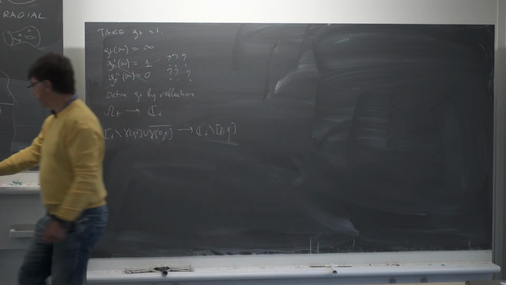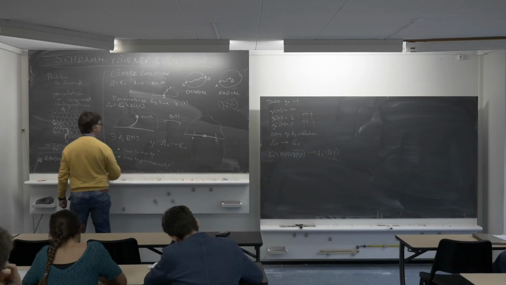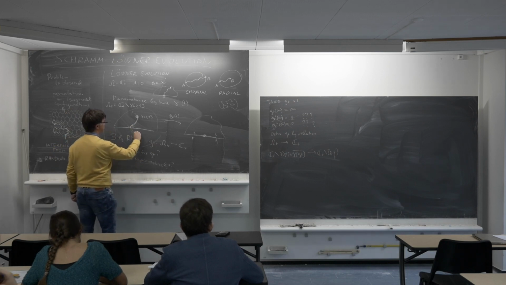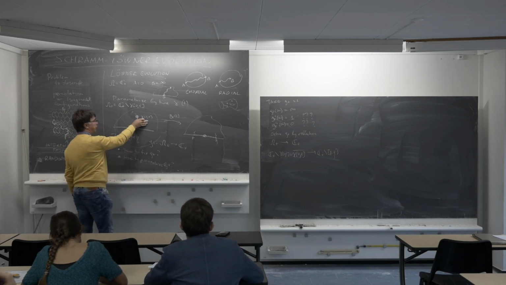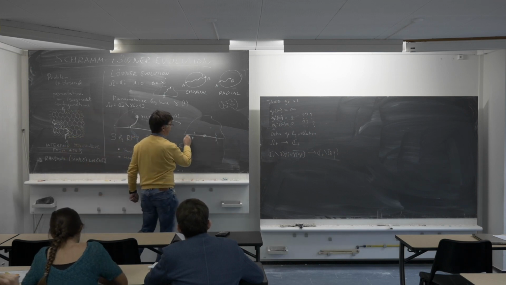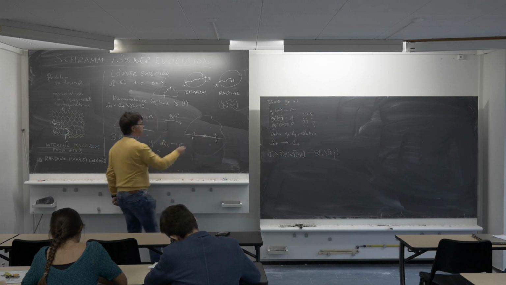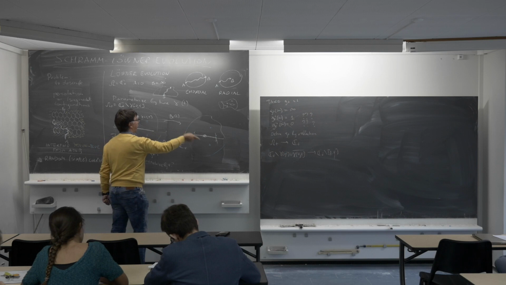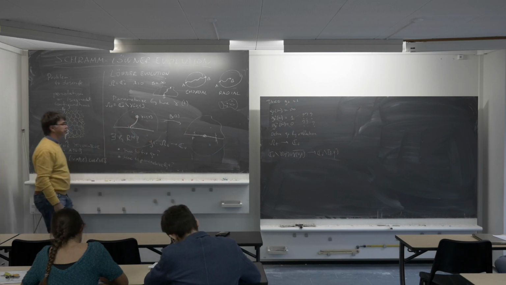So we take a mirror image of our domain. It looks something like that. We define the image of a point as the mirror of the image of its mirror.